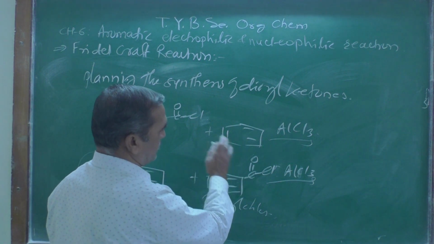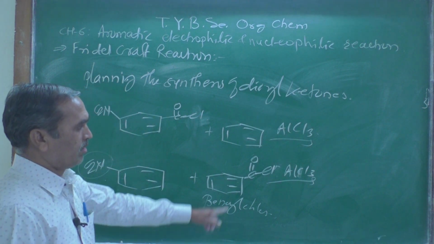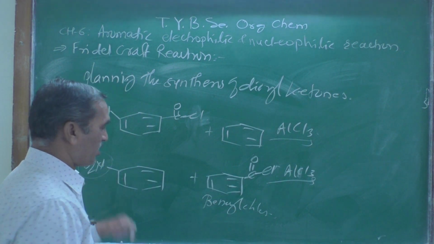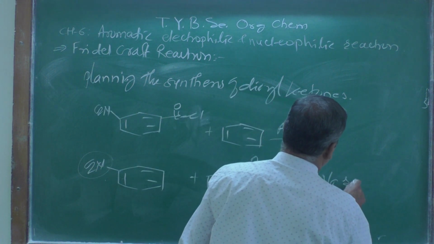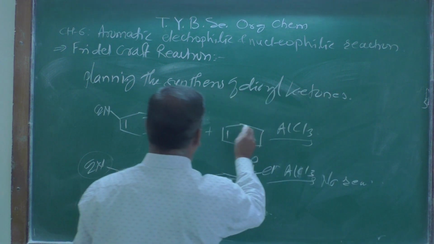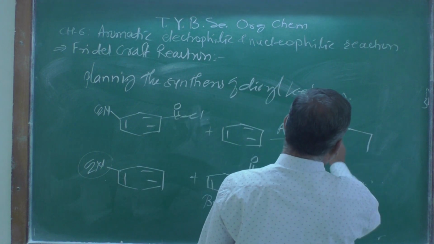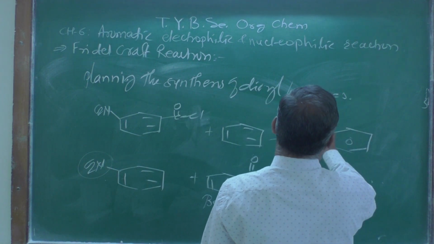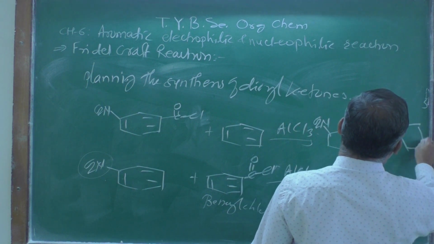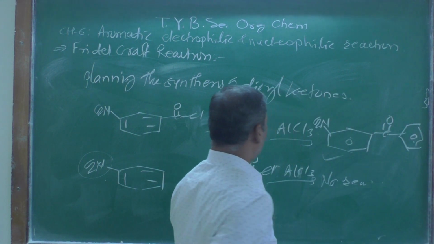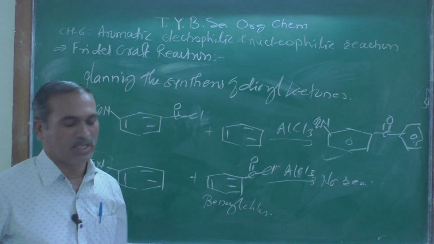We know that benzoyl chloride gives a positive charge, but the ring is deactivated, so there will be no reaction here. No reaction will take place. Here you may get this type of compound, O2N and then C double bond O. In the first case, there will be a reaction.